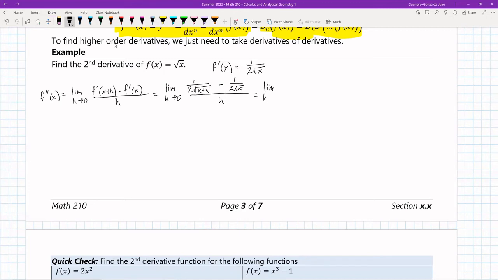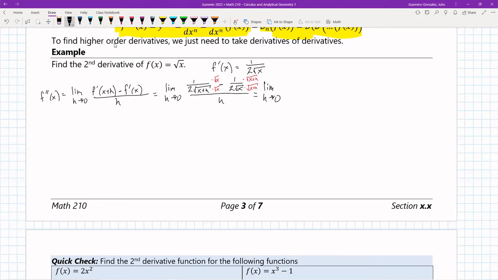So the limit as h approaches 0 of 1. Let me go ahead and show you what I'm multiplying here. This one is going to be multiplied by the square root of x, because that's what's missing on the bottom for a common denominator. And this one, I'm going to multiply by the square root of x plus h on top and bottom.